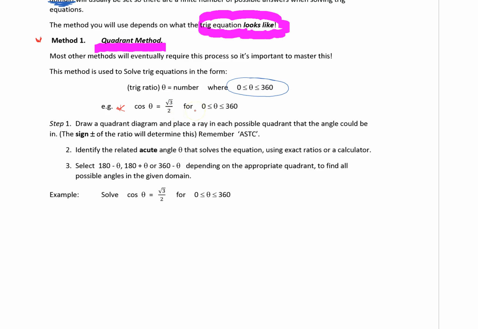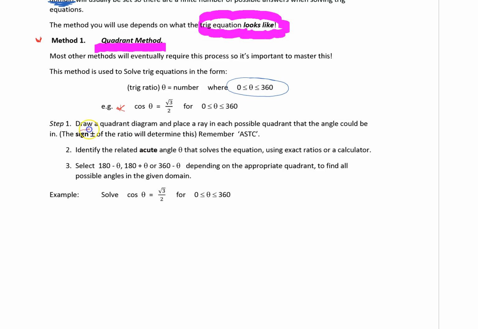So knowing that all the other methods are going to eventually look like this one, you can see the importance of being able to master how to solve this type of equation. So there are a few things to note. And I guess one of the most important things to note is the sign of the number. The trig ratio of the unknown angle, is it positive or is it negative? The reason for that is it allows you to identify which quadrant we need to work in.